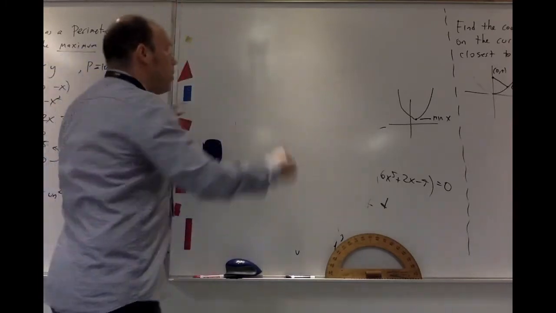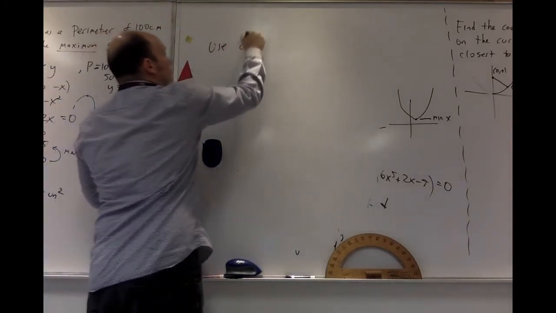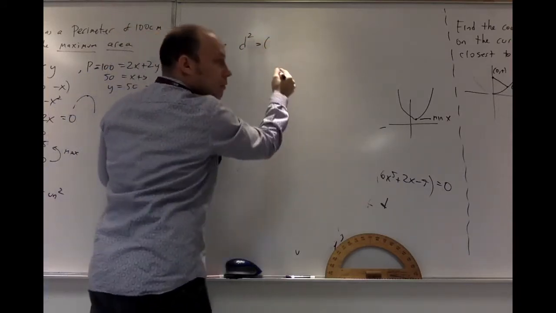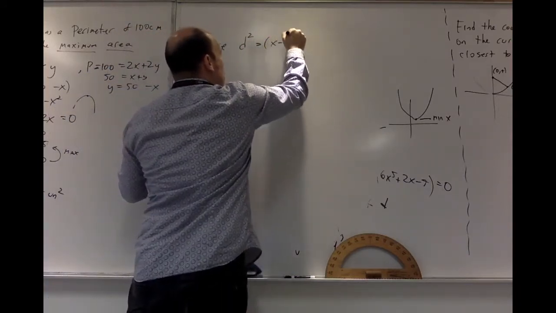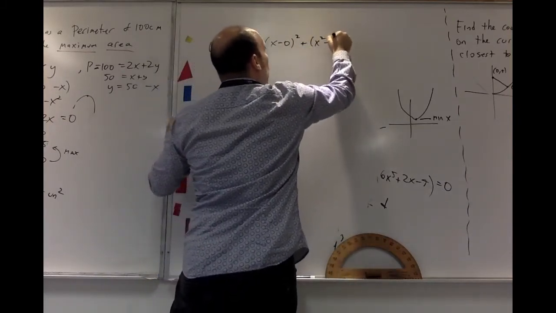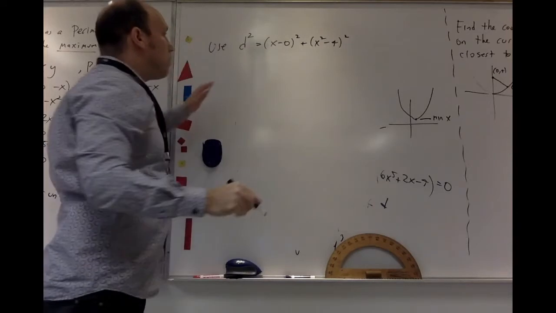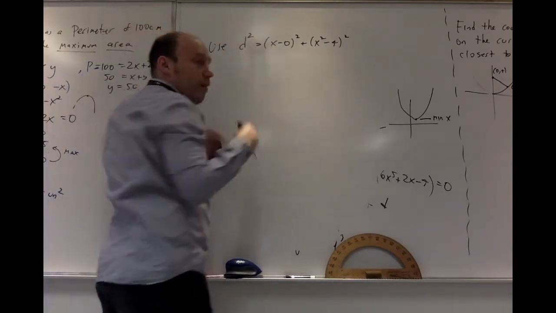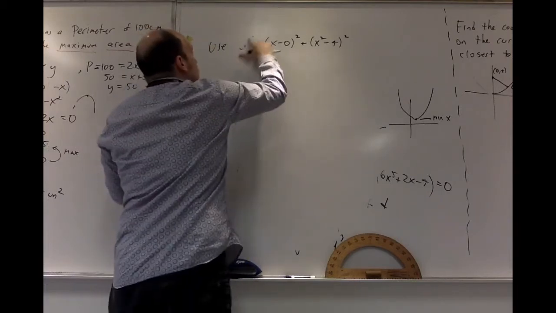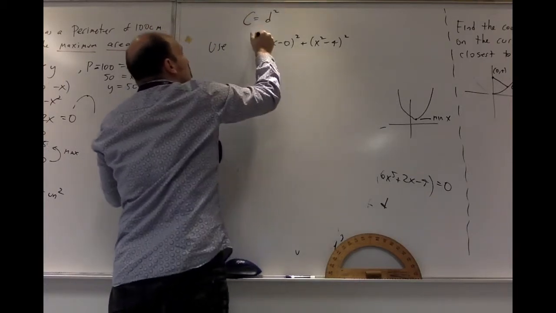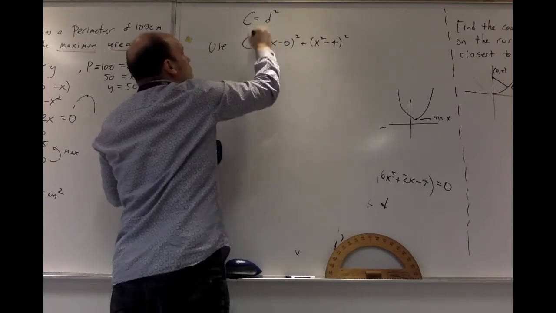Yeah. So you know what? Use d squared. X minus 0 squared plus x minus 4 squared. It's a function. And you know what? If you get confused, pull the letter out. So I don't know, c equal d squared. Or call it big D or whatever. So we're going to call this c.